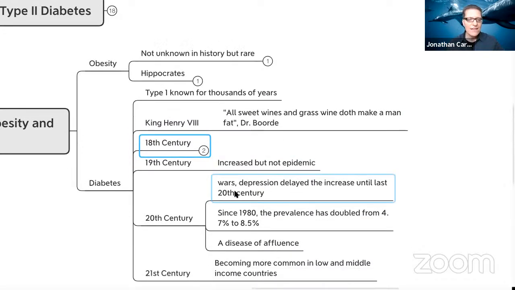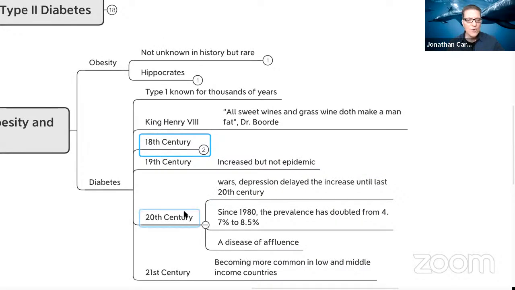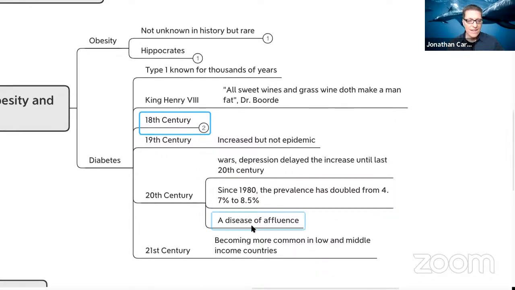And it really wasn't until the late 20th century, because in the early part of the century there were wars, there was depression. It wasn't until 1980 that we had this prevalence of diabetes doubling since 1980, from 4.7 to 8.5%.